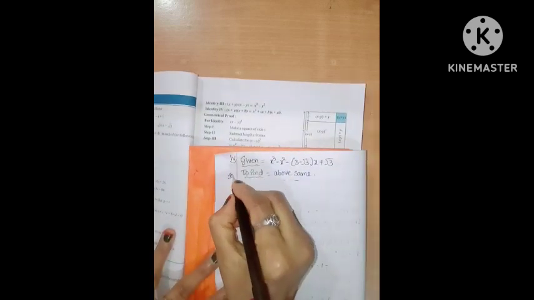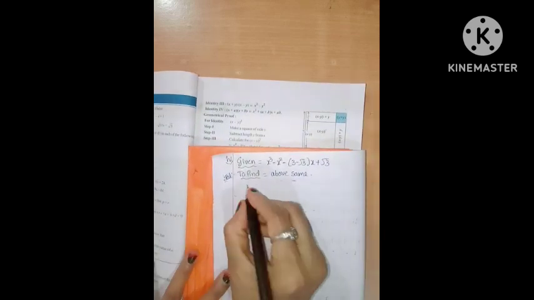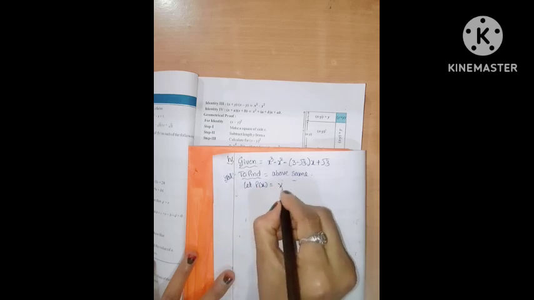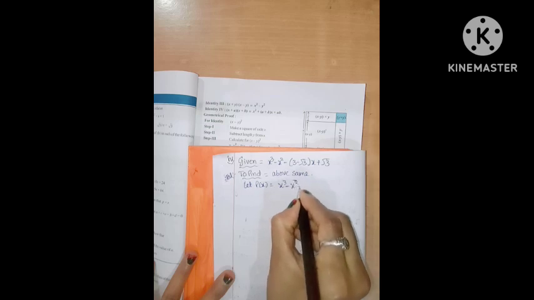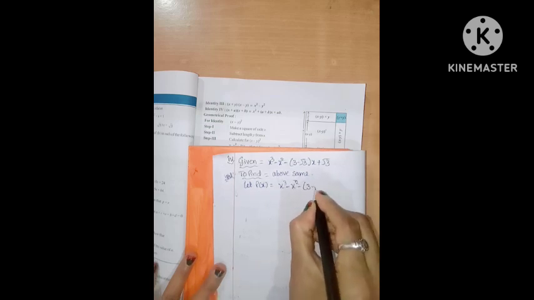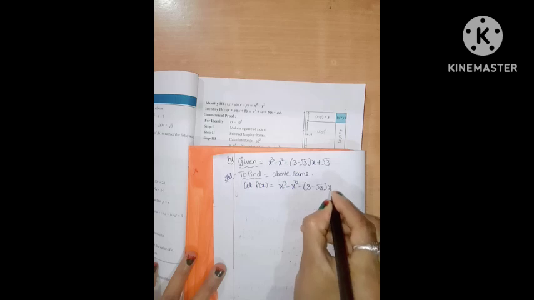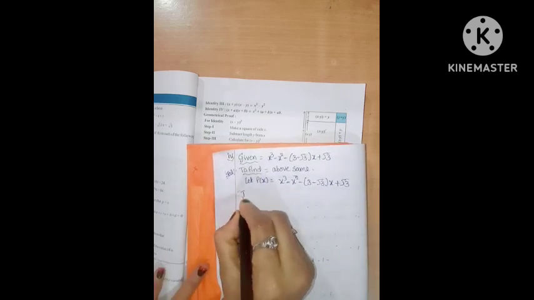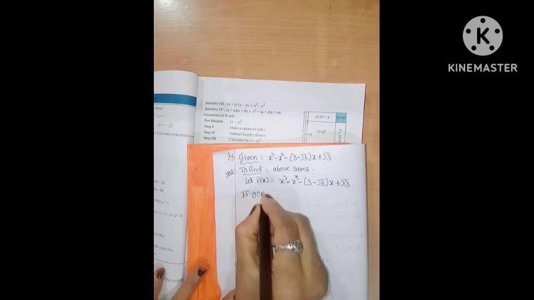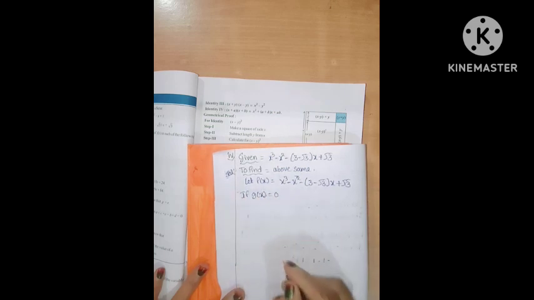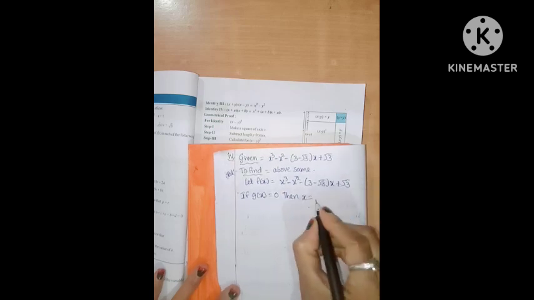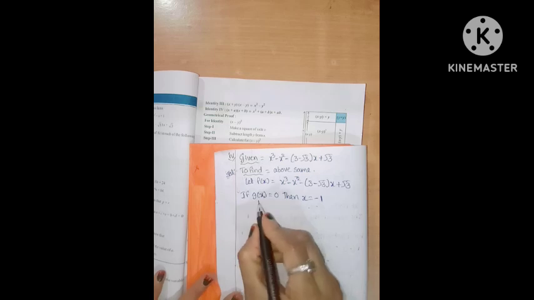Let the solution for this problem be: let p of x equal to x cube minus x square minus bracket of 3 minus root 3 into x plus root 3. Next, if g of x equal to 0, then x equal to minus 1. G of x is nothing but x plus 1.